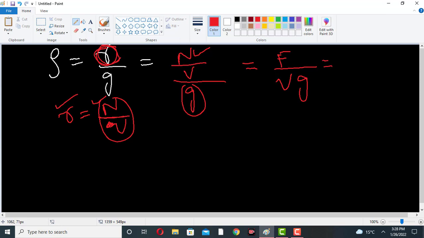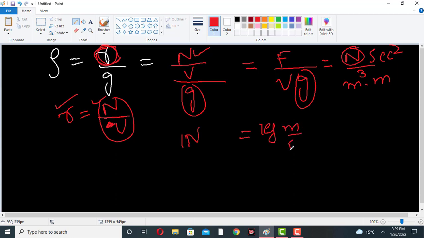The unit of force is Newton, and volume is cubic meter, for example in SI, and the unit of acceleration is meter per second square. We also know that 1 Newton is equal to 1 kilogram meter per second square.